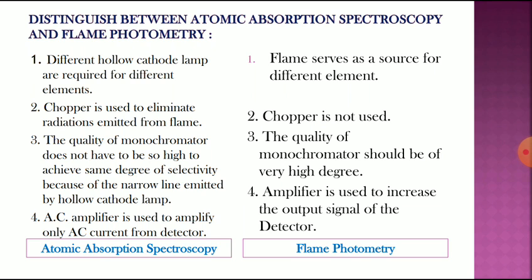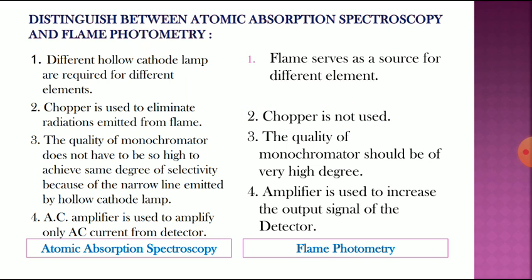Now, the distinction between atomic absorption spectroscopy and flame photometry. First difference, different hollow cathode lamps are required for different elements, but in flame photometry, the flame serves as the source for different elements. Second, a chopper is used to eliminate radiation emitted from the flame. A chopper is not used in a flame photometer.